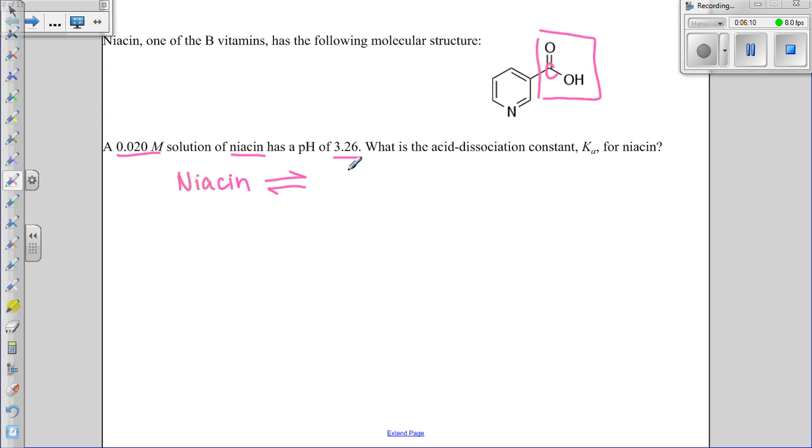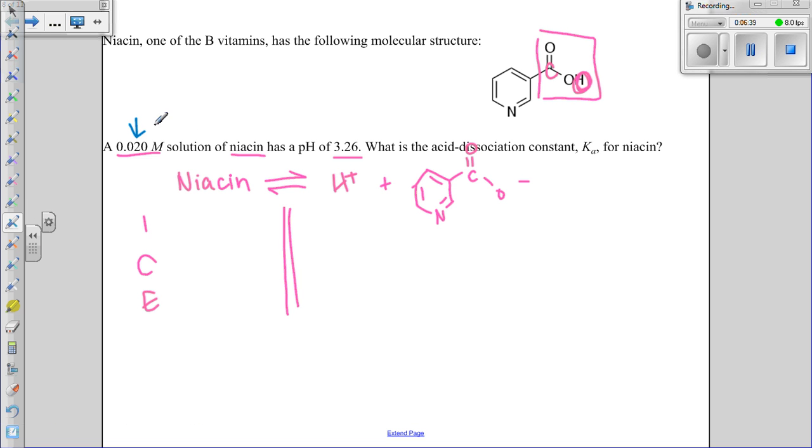In equilibrium with the hydrogen ion, which is actually going to be this hydrogen here, plus that same structure, just without the hydrogen. Okay, so I'm going to draw an ice chart, fence under the arrow, and then I'm going to fill in what I know, which is 0.020 molar niacin. Each of these have no concentration to start.